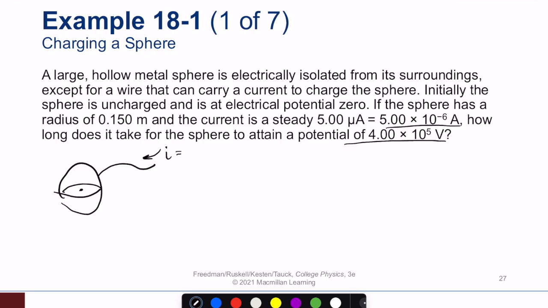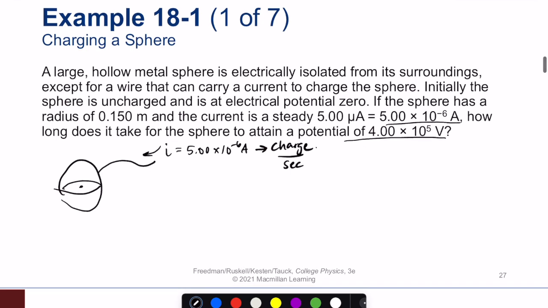So the value of the current is 5 times 10 to the minus 6 amps. That's the rate at which the charges are going through that wire. So if this is charge per second, how does charge relate to potential? How does charge relate to potential? We have to think back.